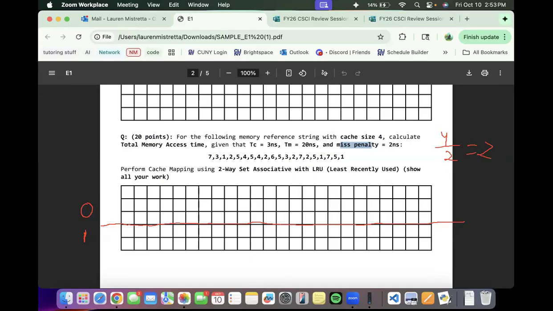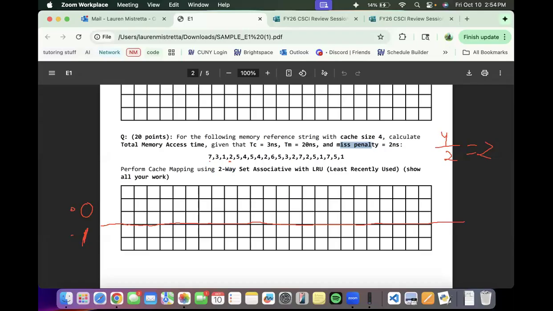Now, when it comes to choosing which set it goes into, it's going to be based on our direct mapping. So whether I end up going in this spot versus this spot, it's basically going to be either even or odd. An odd number, like a 7, is going to go into 1. An even number, like a 2, is going to go into 0.